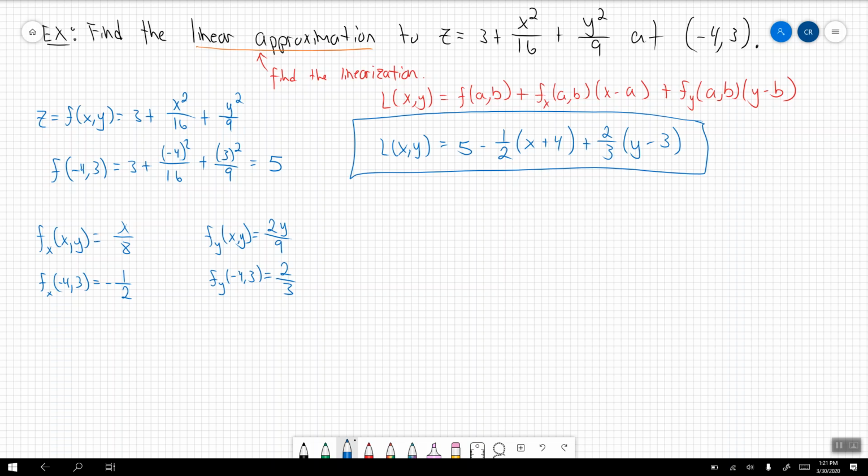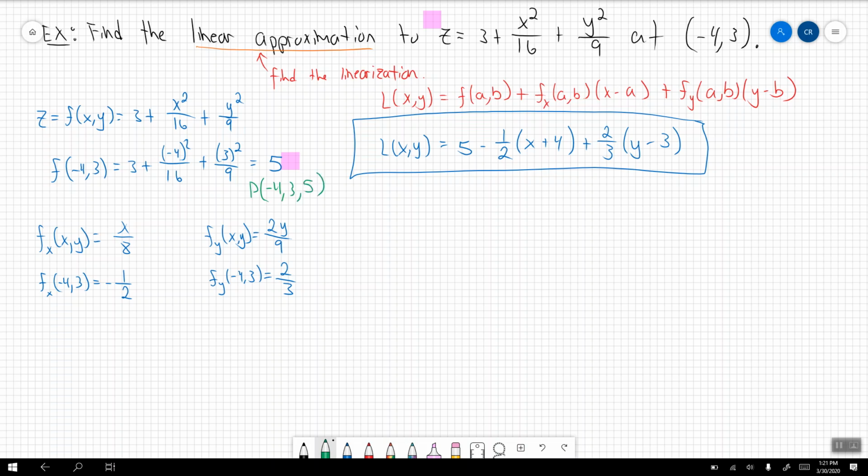So again, if we go to GeoGebra and say, GeoGebra, I want you to graph this function, you're going to be able to graph it. Then I want to select a point, and that point would be (-4, 3, 5).